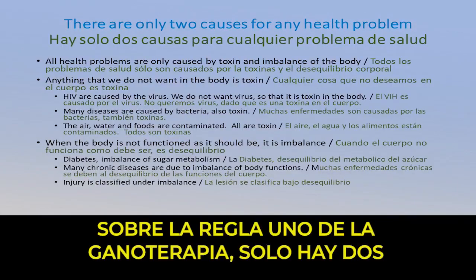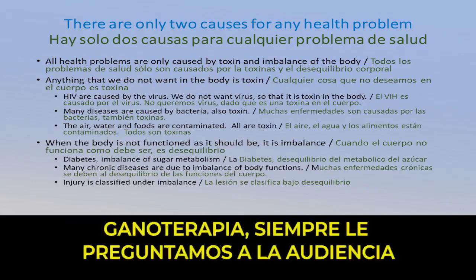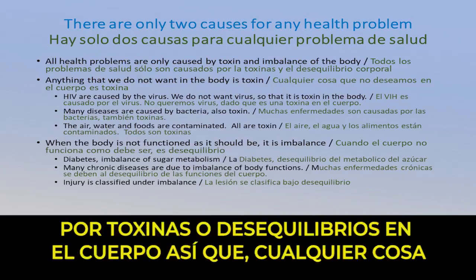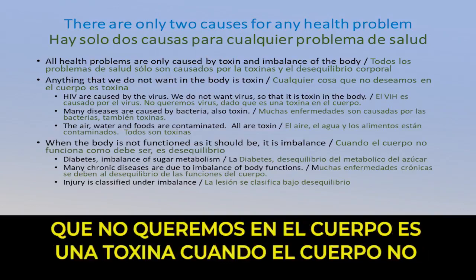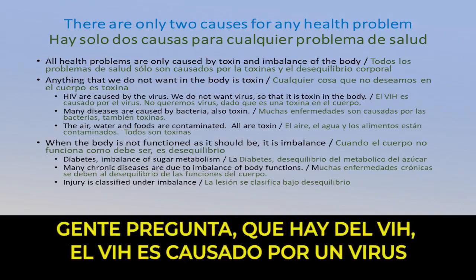Coming to rule 1 of ganotherapy, there are only 2 causes for any health problem. Before we start this ganotherapy, we always ask the audience, can you think of any disease that is not caused by toxins or imbalance? Anything that we do not want in the body is toxin. When the body does not function as it should, it is imbalance. Many people ask, how about HIV? HIV is caused by a virus.